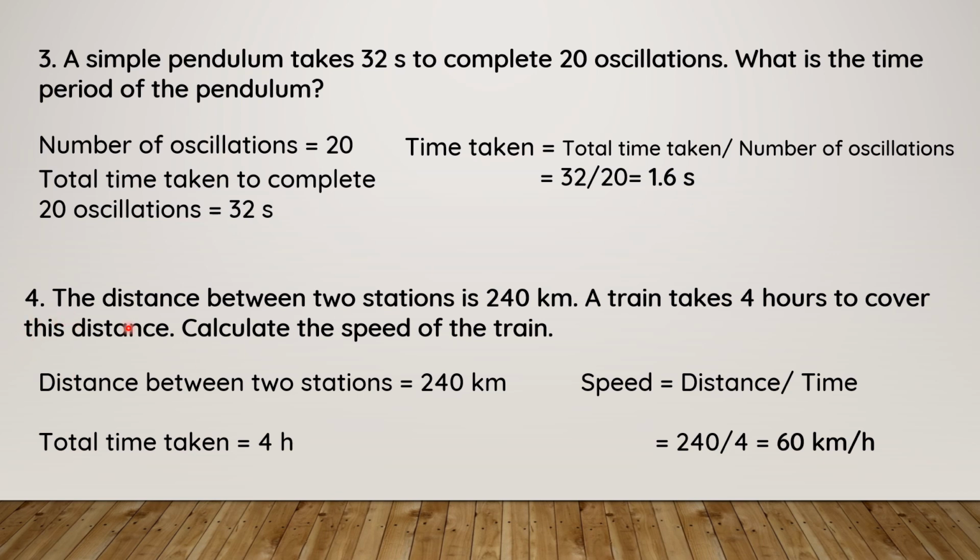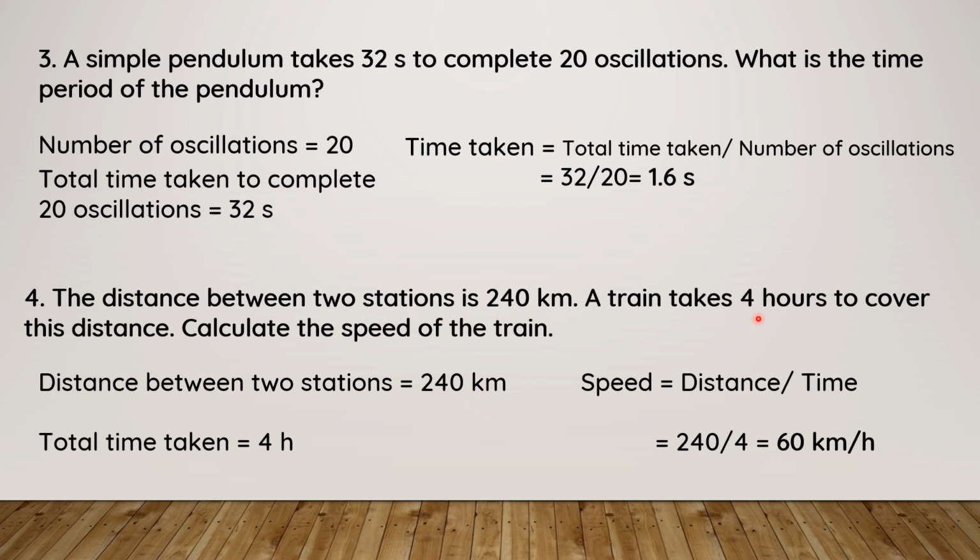Fourth one, the distance between two stations is 240 km. A train takes 4 hours to cover this distance. Calculate the speed of the train. So here we want to find speed. Which are the given values? Distance between two stations, 240 kilometer.